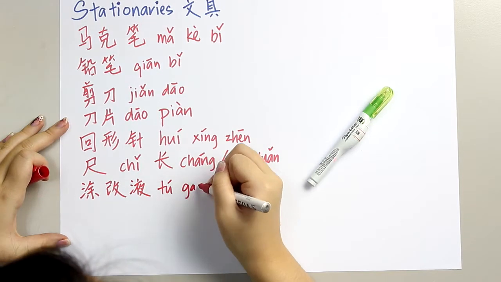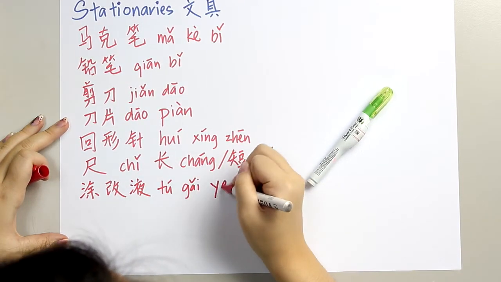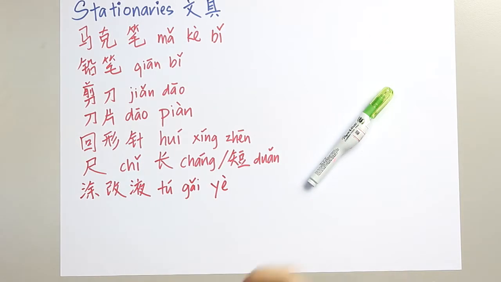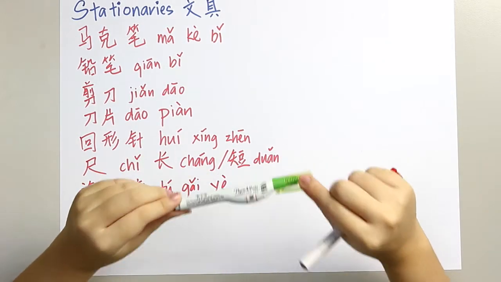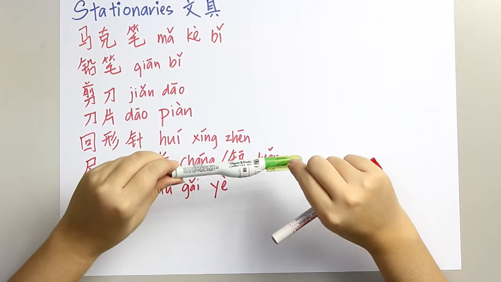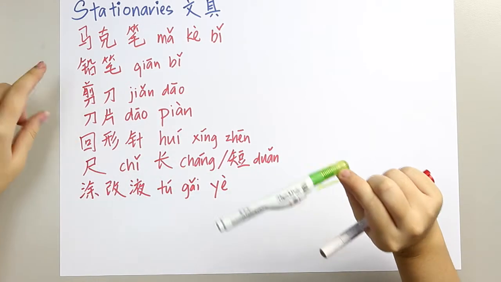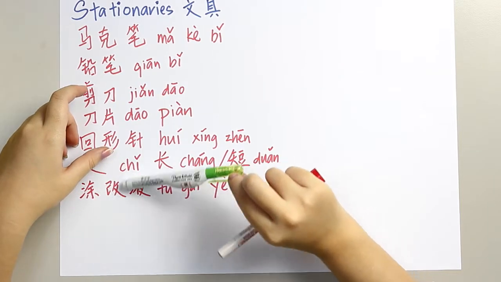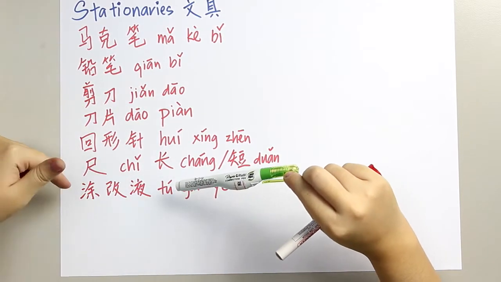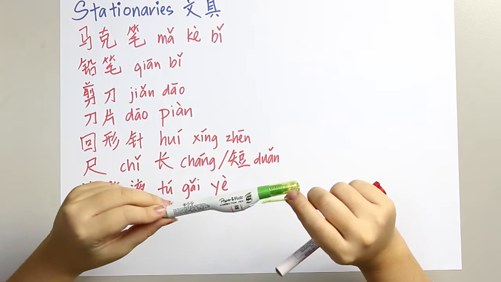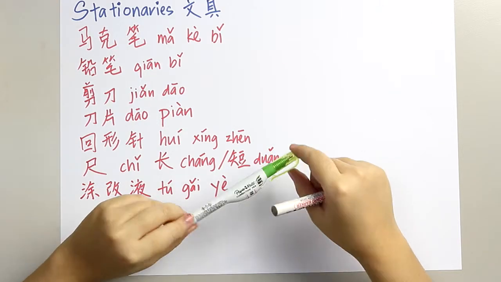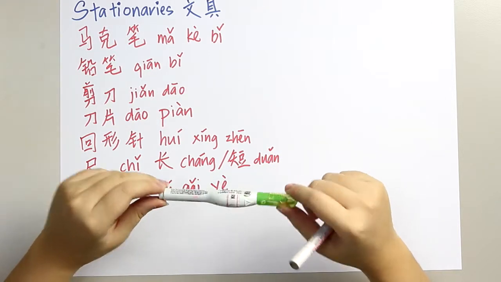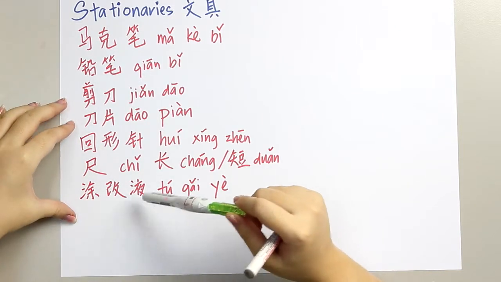Since this is in liquid form, it's a liquid paper. Liquid we call as 液体. It refers to 液, whereas 涂改 is correct. But in Chinese, no matter whether it's correction tape or liquid paper, we also call it 涂改液.